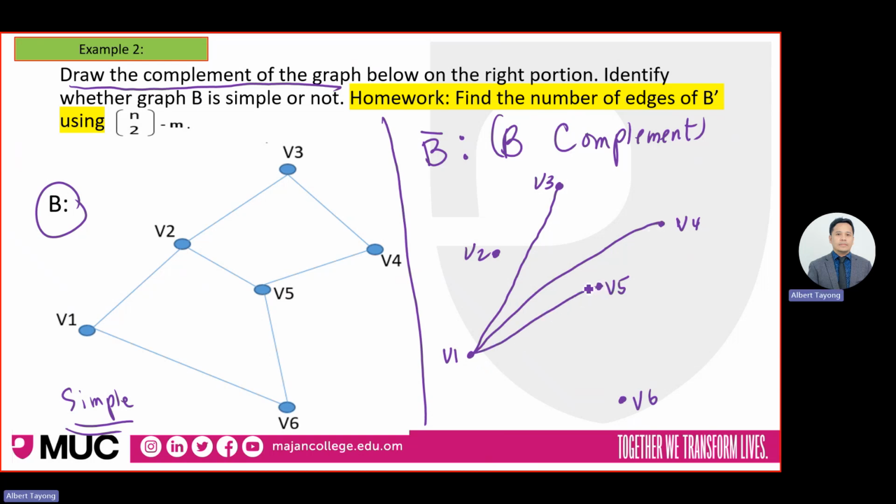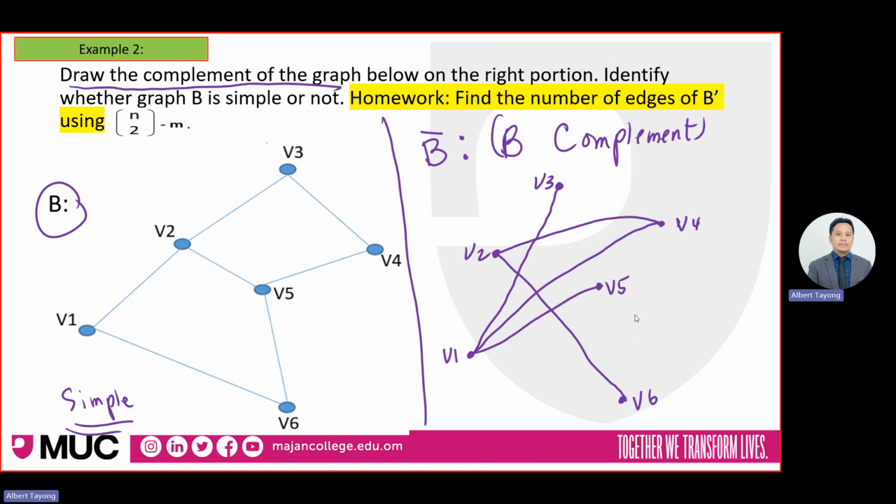Okay, so as you can see, from V1 to V2 is deleted, 1 to 6 is deleted. Let's look at our 2. 2 is adjacent to 3, 1, and 5. The opposite is 4 and 6, because we don't have a line from 2 to 4 and 2 to 6. So this is 2 to 4 and 2 to 6.